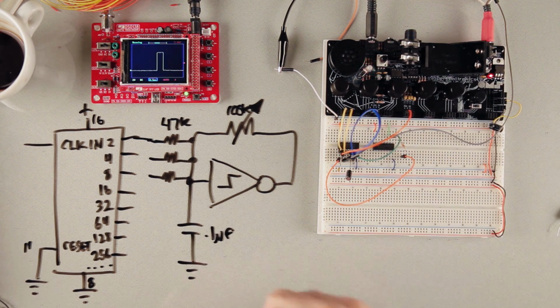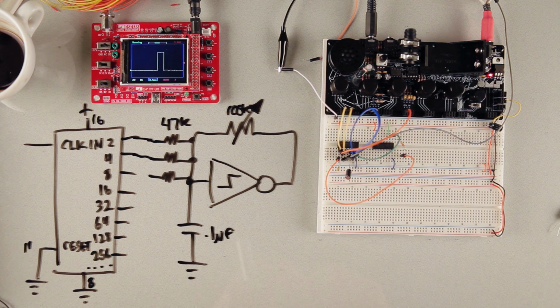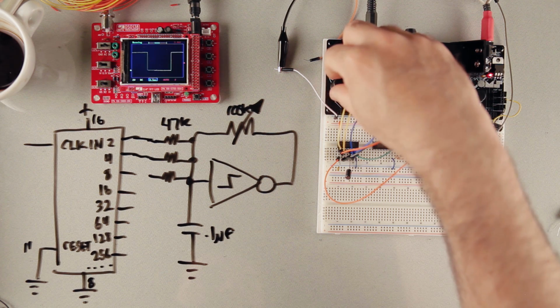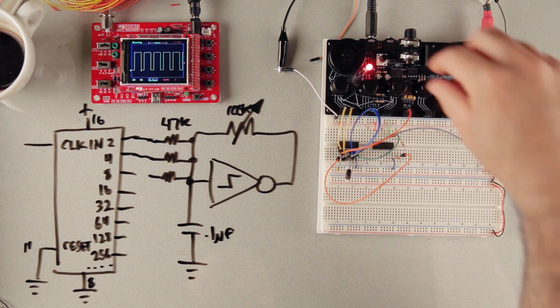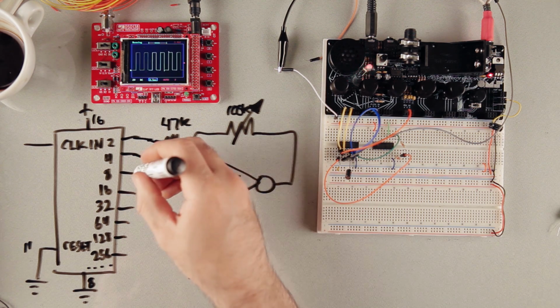Okay. Then let's take 4, and we're going to put that through another 47K resistor. And let's then connect 8.